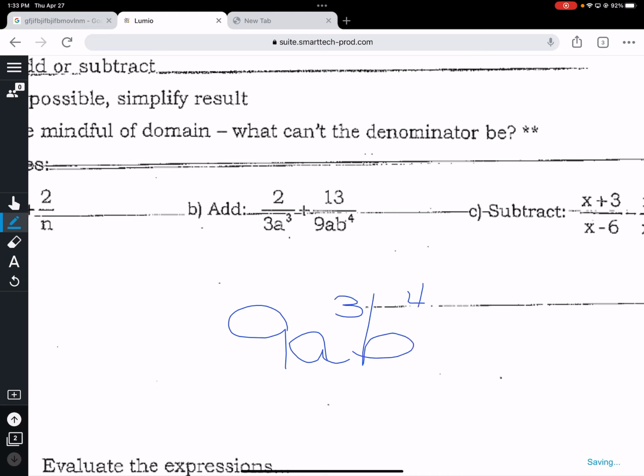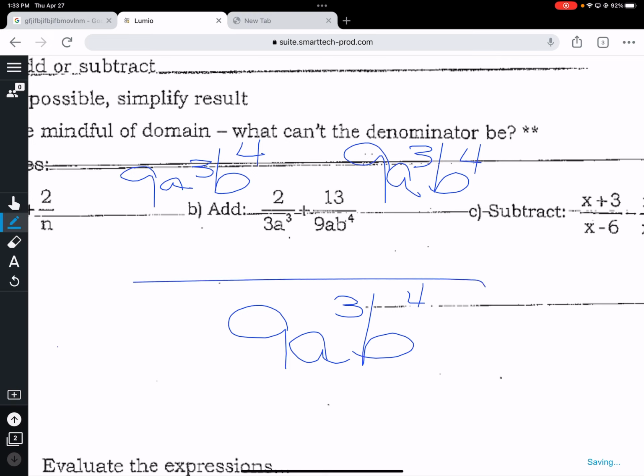All right, I'm going to write this up here, and we're going to look at a cubed b to the 4th. What did I do to get from 3 to 9? Multiply by 3. I'm going to have to multiply by 3. So that means, what's my numerator right now? It's a 2, so we're going to multiply and get what, Susanna? 6.